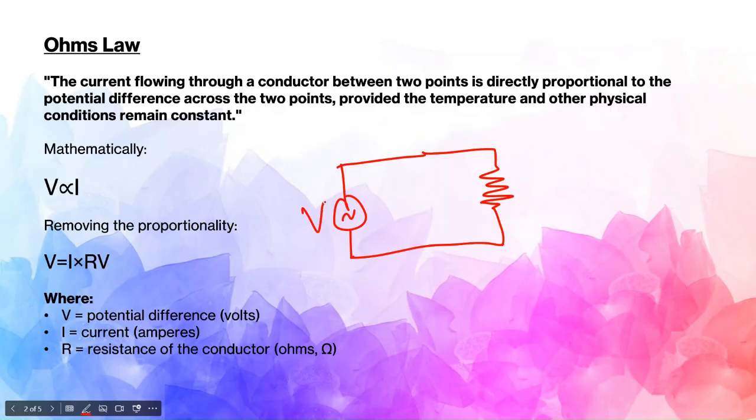So this is the voltage, this is the resistance, and this is the current flowing through this circuit. What it is trying to say is that, if you increase the voltage, the current will increase, right?